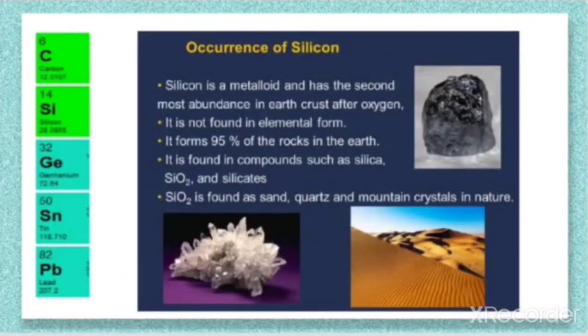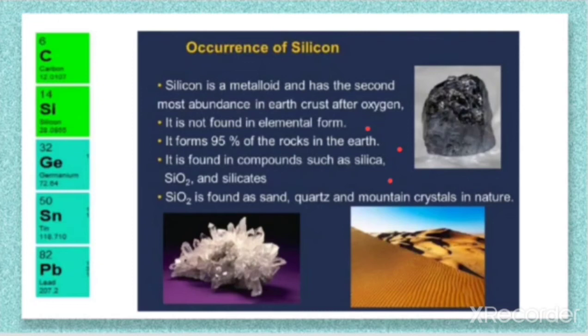Next is the occurrence of silicon. Silicon is a metalloid and has the second highest abundance in the earth crust after oxygen, and it is not found in the elemental form. That means it is found in the combined state. It forms 95% of the rocks in the earth. So whatever rocks there are in the earth, even the sand, contain silicon.